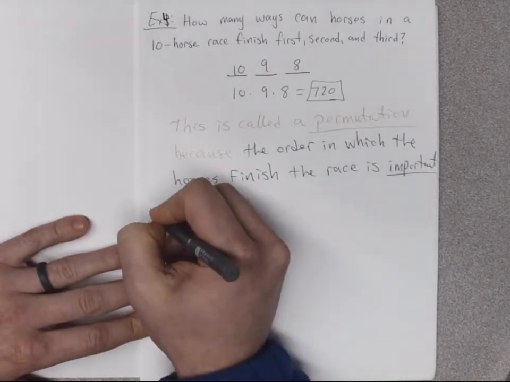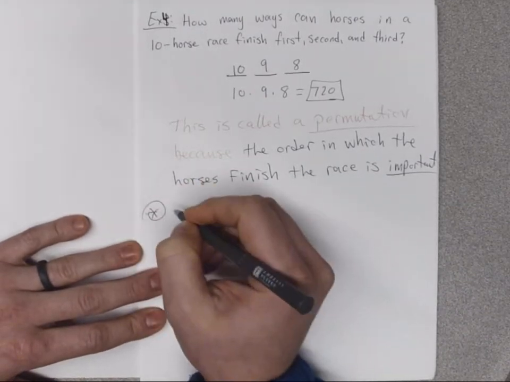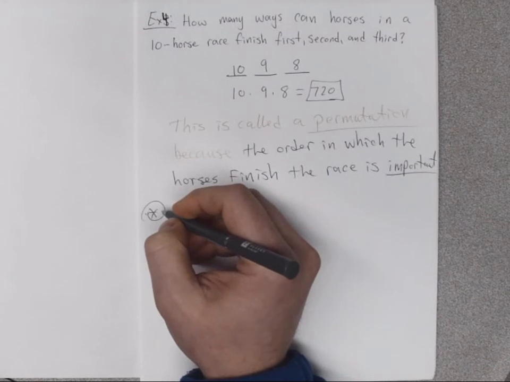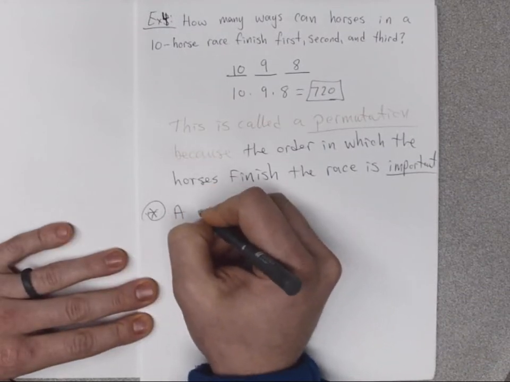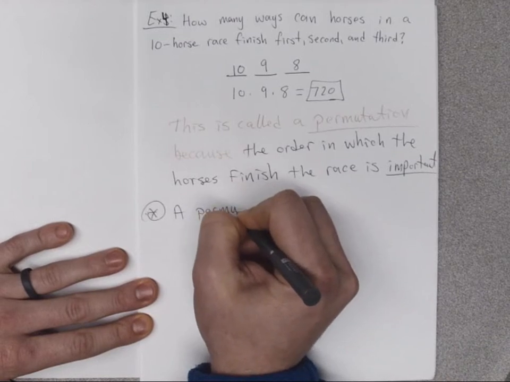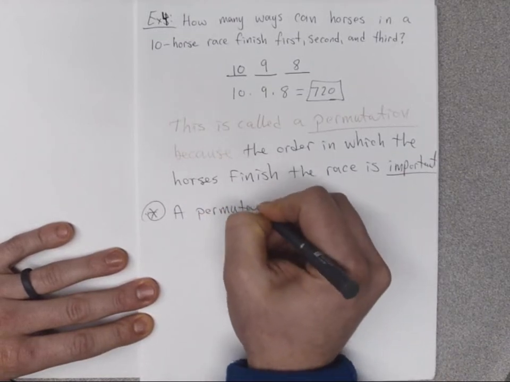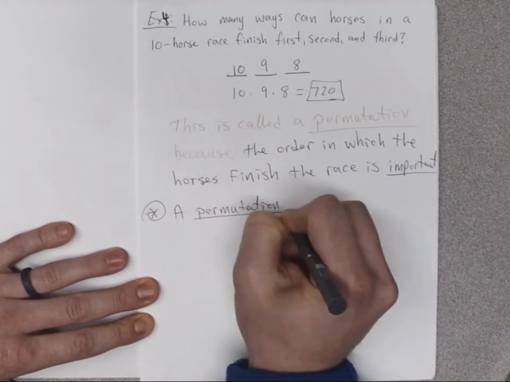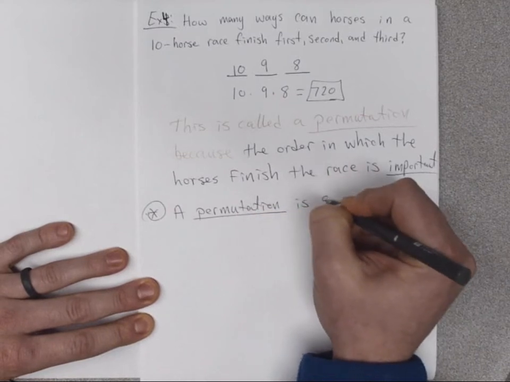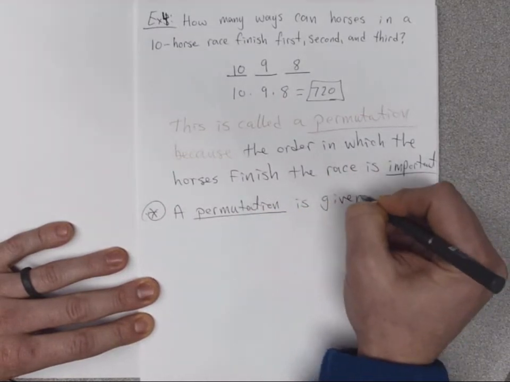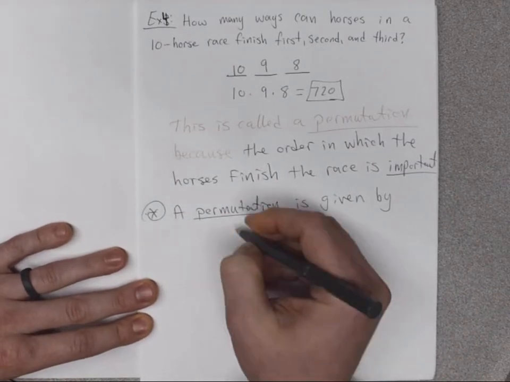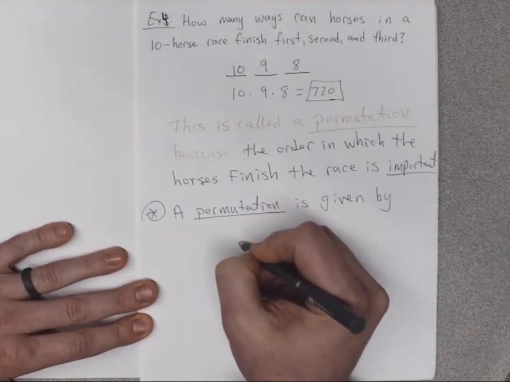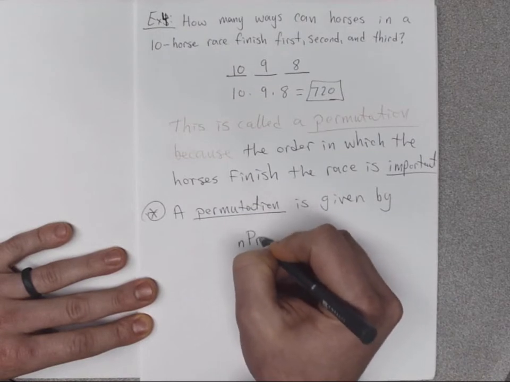So we need to get into the definition and the formula of permutation. A permutation is given by, and you may want to watch me the first time we write it, little n with a capital P and an r.